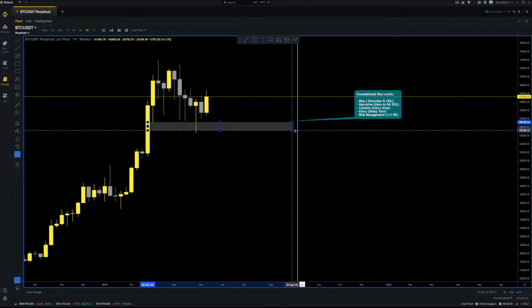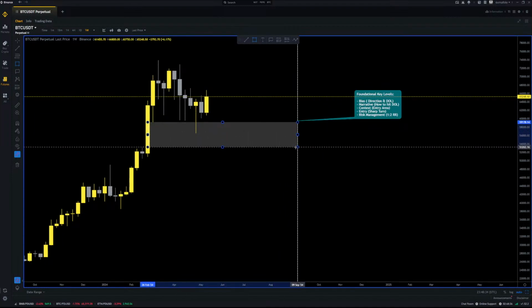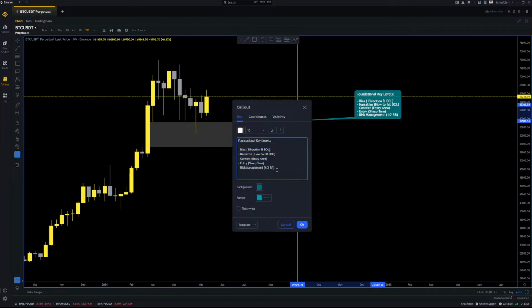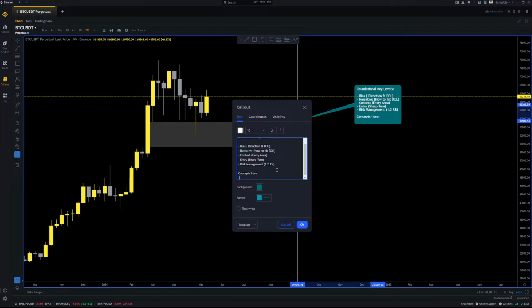My analysis depends on two concepts. The first one is liquidity. The second one is imbalance, that is fair value gap.